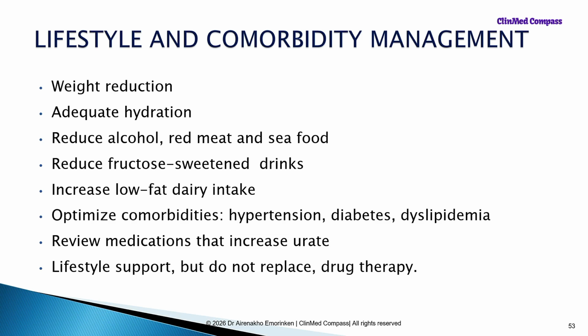Pharmacotherapy works best alongside lifestyle optimization. Counsel patients on the following: weight reduction, which lowers uric acid production; adequate hydration to promote excretion; reducing alcohol, especially beer, red meats, and seafood; limiting fructose-sweetened beverages; and increasing low-fat dairy intake.